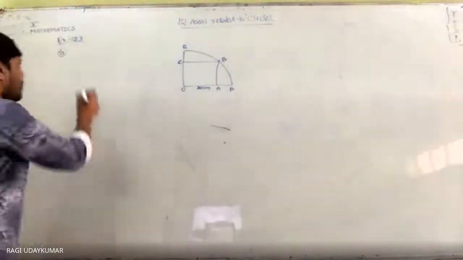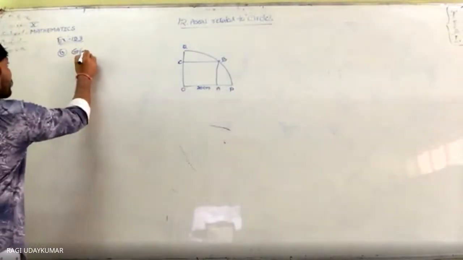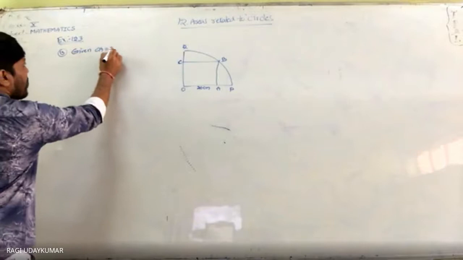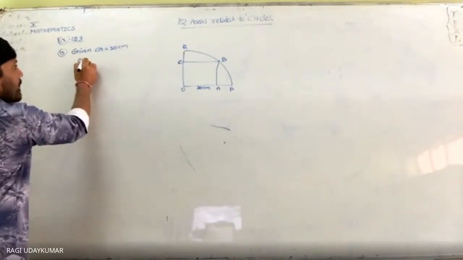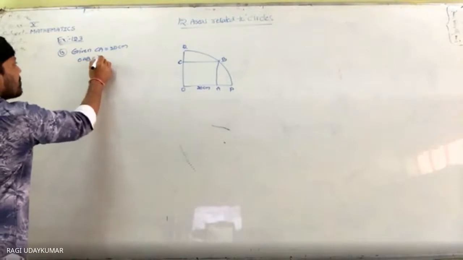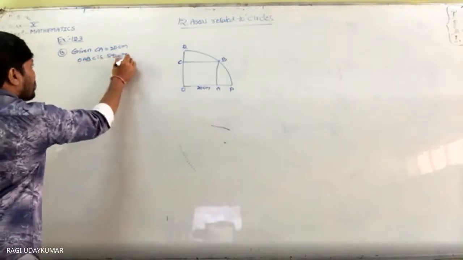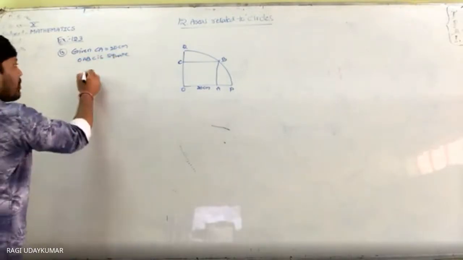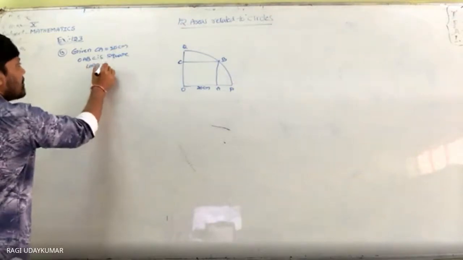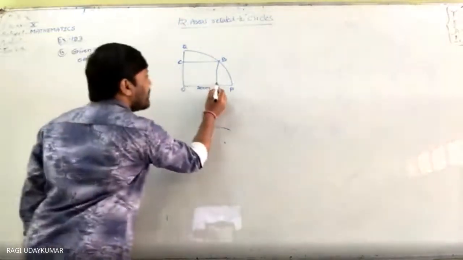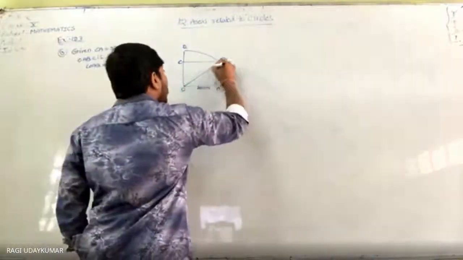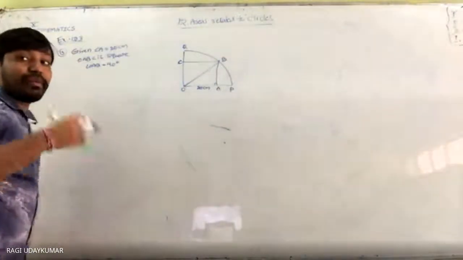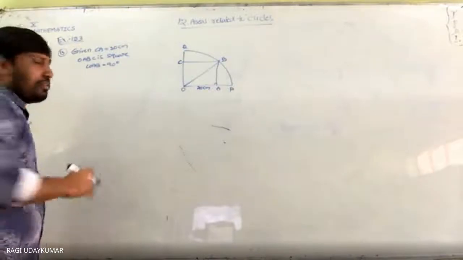In this problem, OA is equal to 20 centimeters and OABC is a square. Therefore angle OAB is equal to 90 degrees, since it is a square. Then you can find OB, which will become the radius of the quadrant.